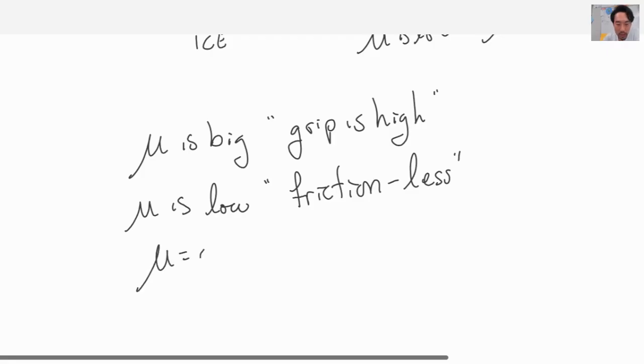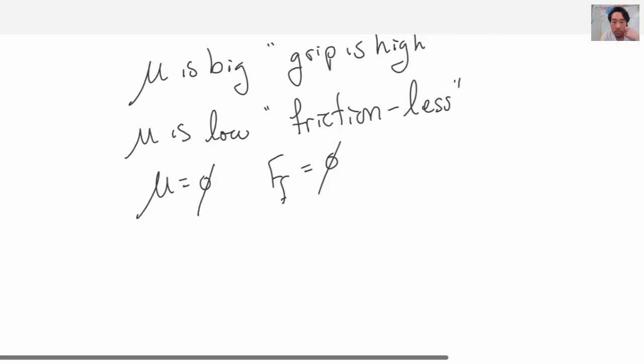But if your mu is 0, this is where you have your F of f to be 0, right? That's why a frictionless environment is very theoretical, because every single surface has mountains and ridges just because of imperfections in any surface. So when we do our problems, we like to think about it in a very theoretical sense.